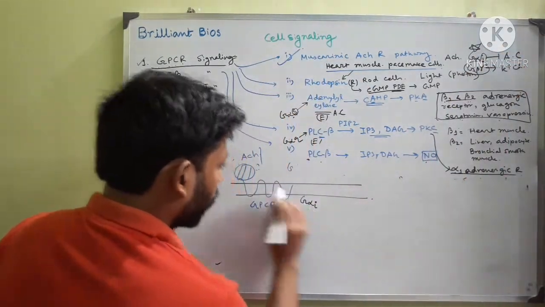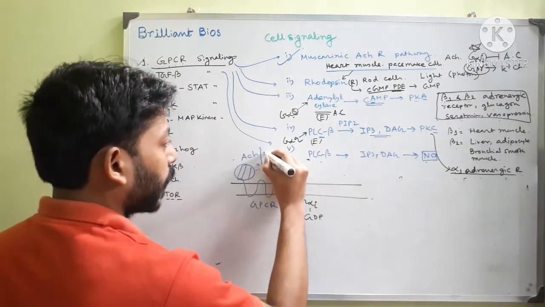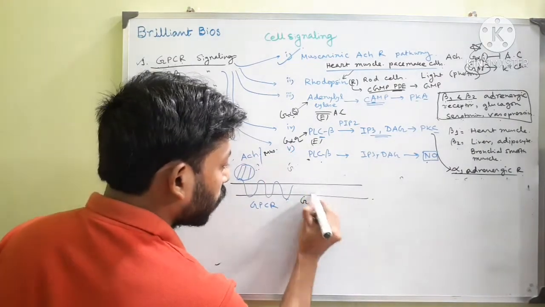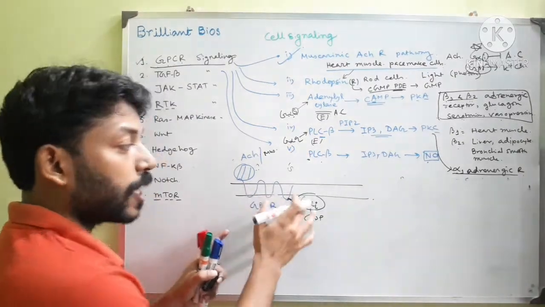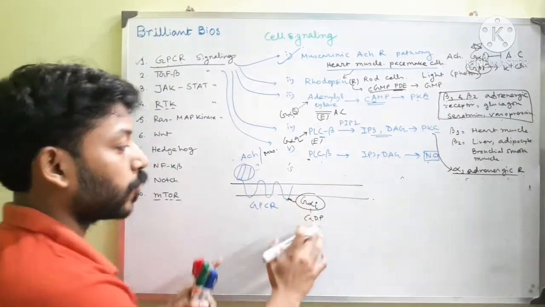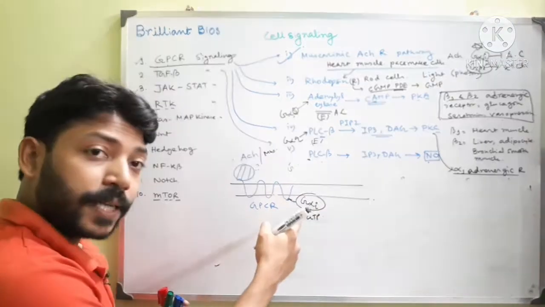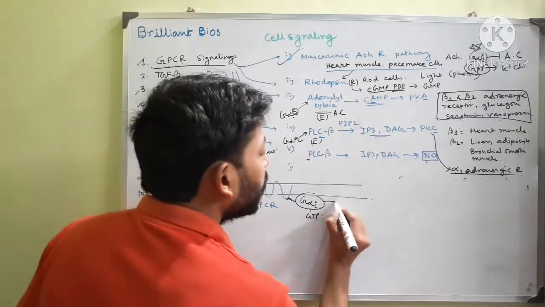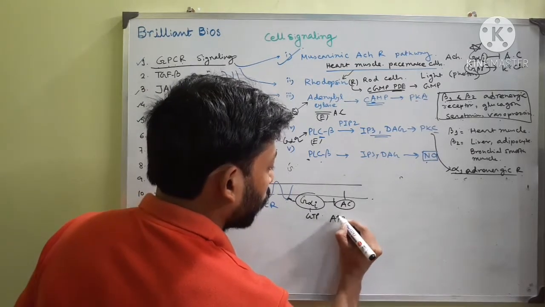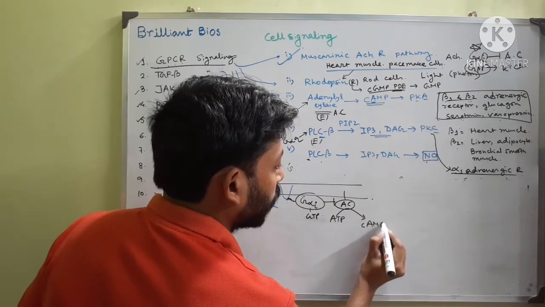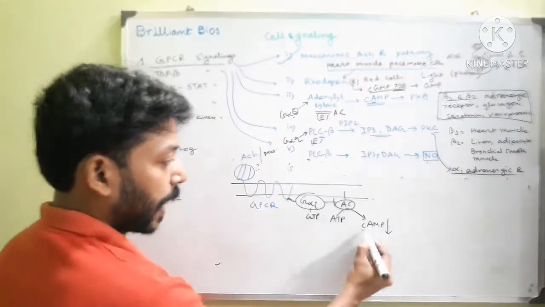When there is no ligand, this G alpha I is bound with GDP, but when a ligand like acetylcholine or muscarine binds, this protein associates or touches with this GPCR, and this changes the structure of the G alpha I so that it can exchange the GDP with GTP. Now this becomes active. As the name suggests, it is an inhibitor, so it inhibits the adenylyl cyclase enzyme. So the transformation from ATP to cAMP is reduced. Okay, so it is an inhibitor, and the cAMP level is reduced.